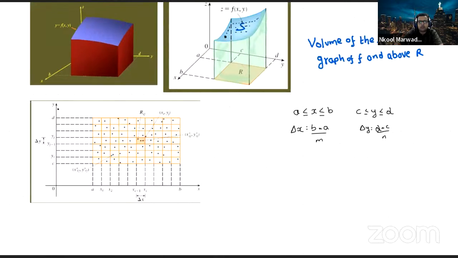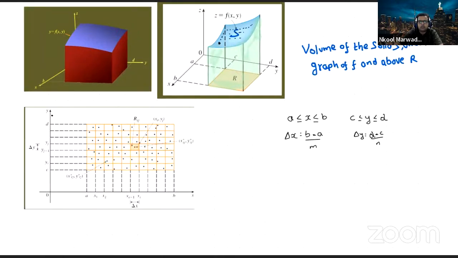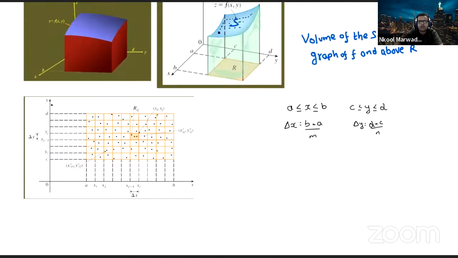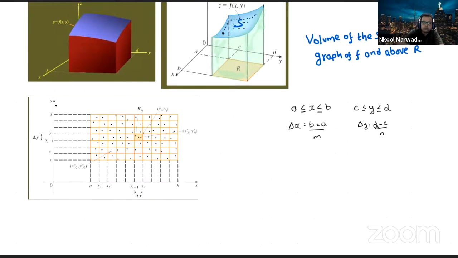So see, this is the region R we are interested in. This is the x-axis. This is the y-axis. Now see what we are doing. We have already seen that we are breaking the x-axis into m delta x rectangles. Can you see this?